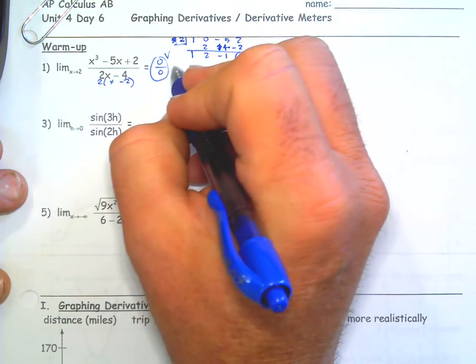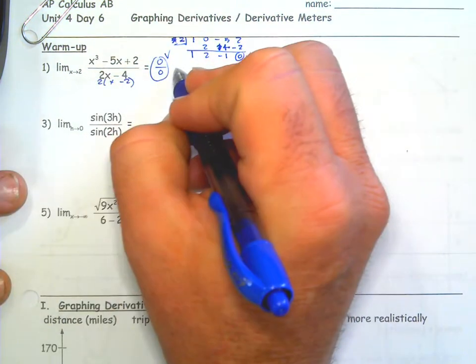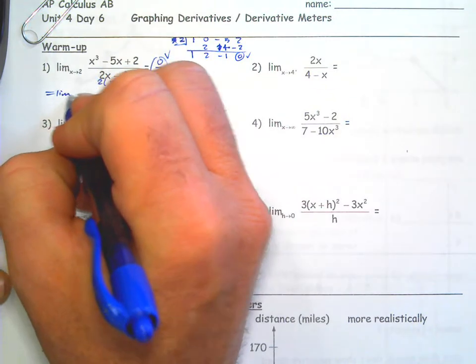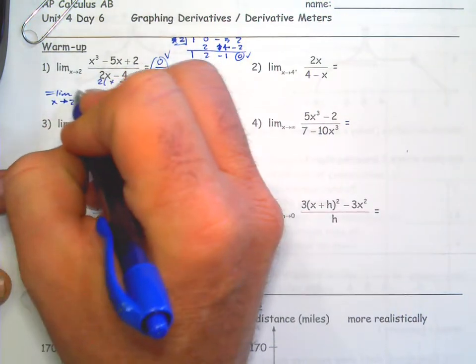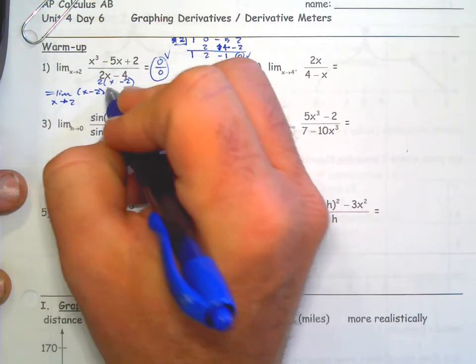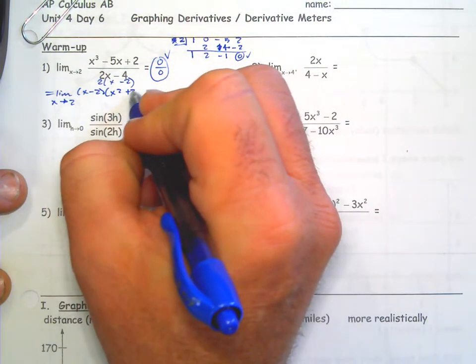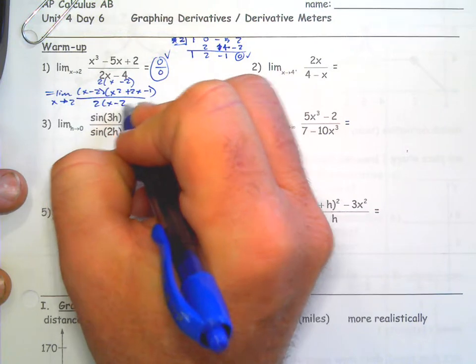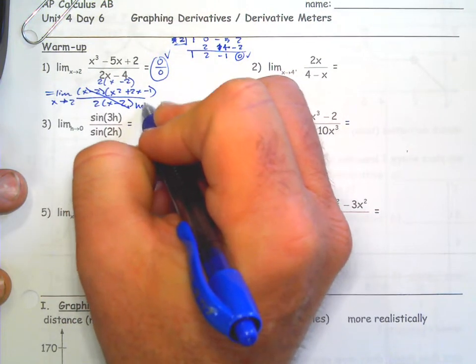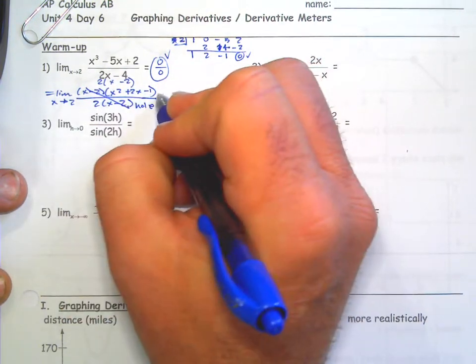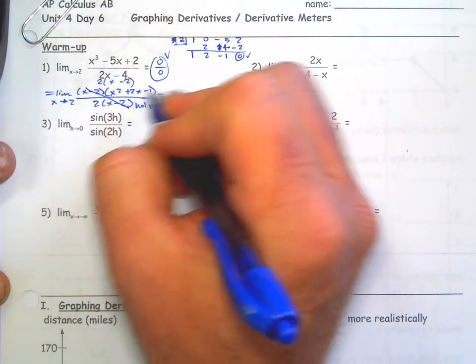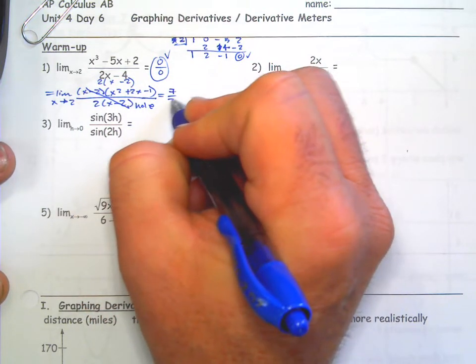So this is going to give you the limit as x approaches 2 of (x minus 2)(x squared plus 2x minus 1) over 2 times (x minus 2). The x minus 2 is the hole in the graph. Don't lose the 2 on the bottom. Plug the 2 back in to get 4 plus 4 is 8, minus 1 is 7 halves.